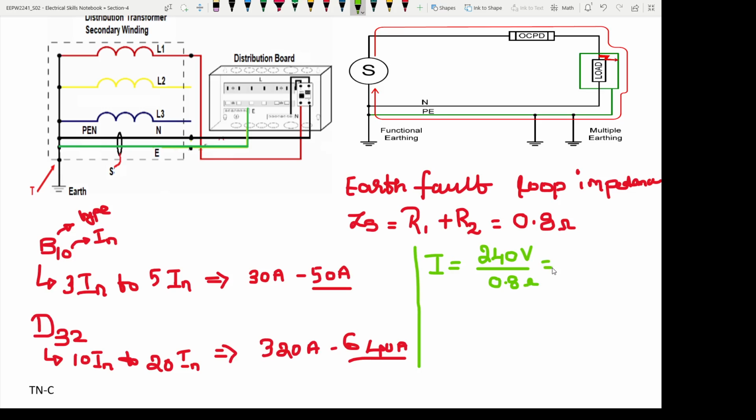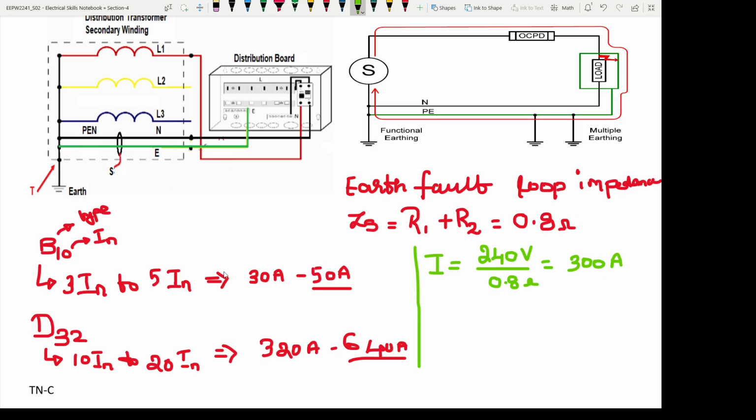So the value is 300 amperes. This is the prospective fault current which could flow in this TN-S earthing system. So 300 amperes of current can pass through this.